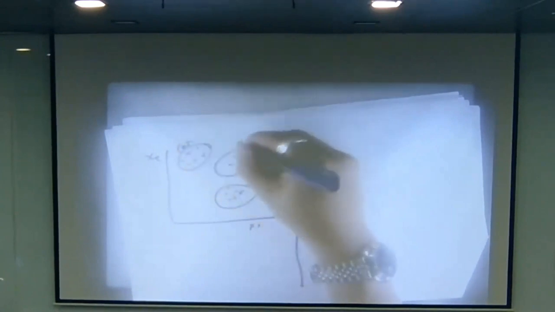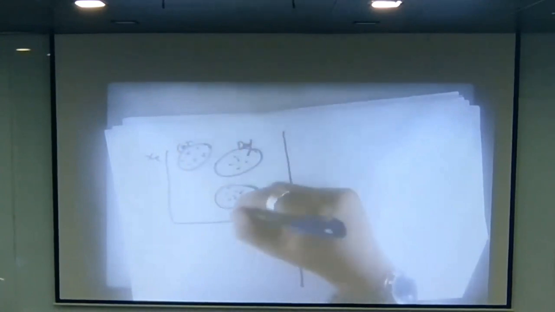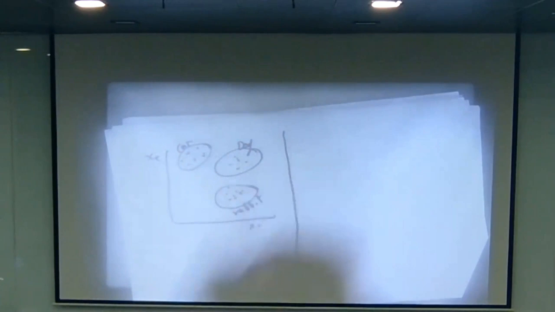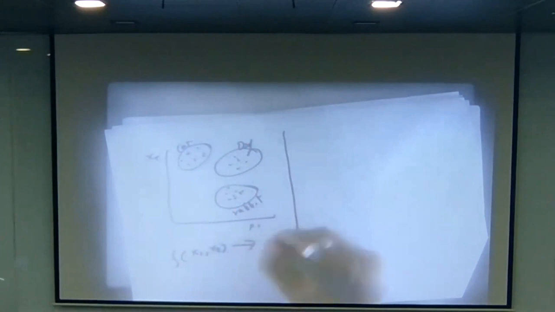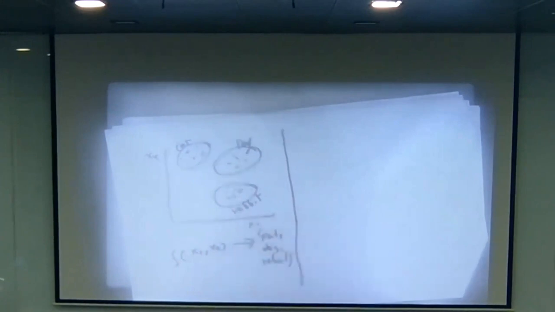This one is dog. And this one is, I don't know, rabbit. The idea here is you want a function that takes in X1 and X2 and will give you either cat, dog, or rabbit. Okay, we drew this. I think I threw the paper away. You remember that, right?